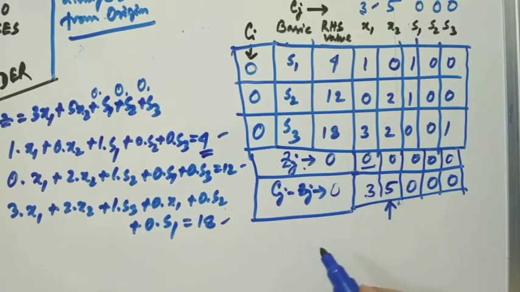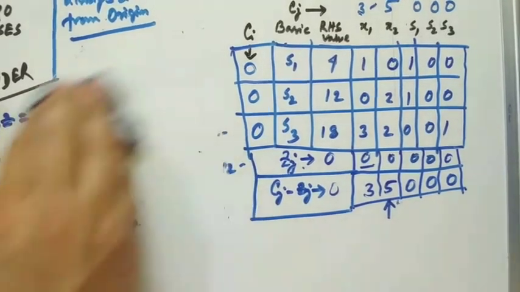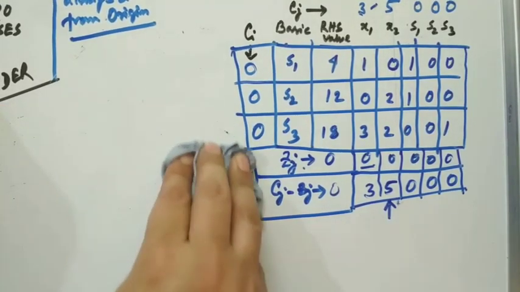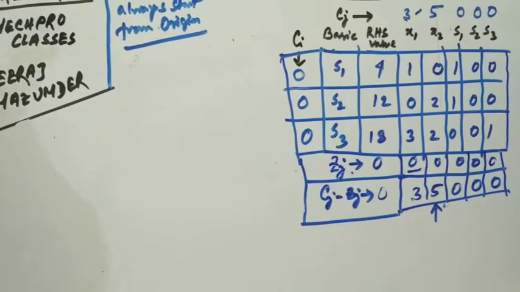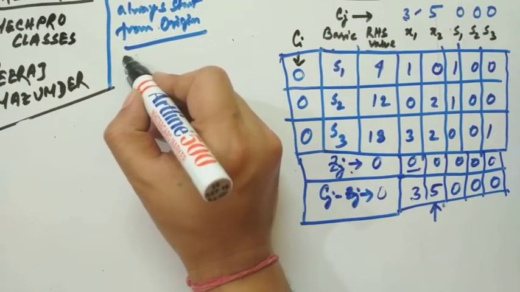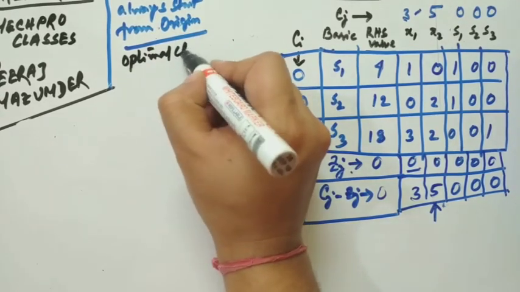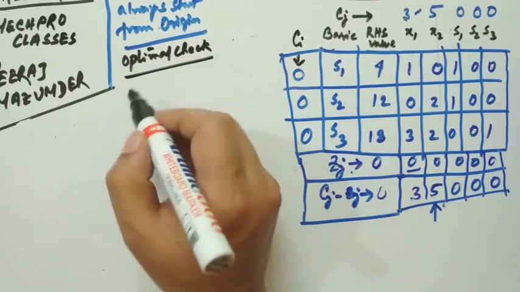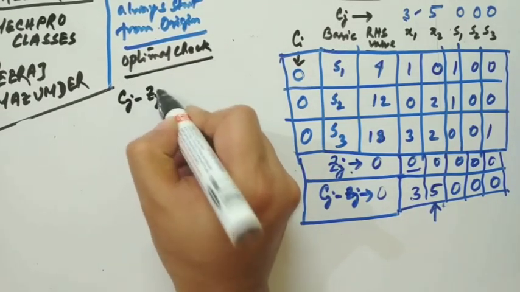Now for checking optimality, there is an important point I should tell you. What is the method of checking optimality? How could you know that this table is optimal or not? Okay, so just note it down. It is very important. I will write it over here. Look, optimal check, you can say. Okay, for checking optimality you have to check the Cj minus Zj value.